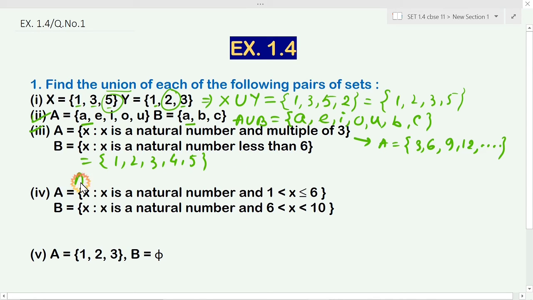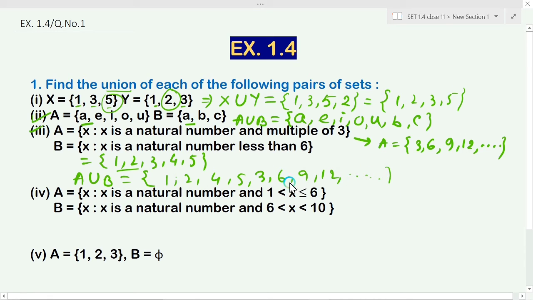So A union B equals to, first of all you have to write the common. So the common is 3. We write 3 here. There are no other common numbers. So first of all we have to write the rest of B: 1, 2, 4 and 5, then 3, and then the other elements of A, that is 6, 9, 12 and some dots.